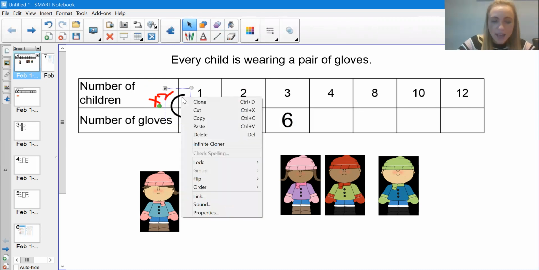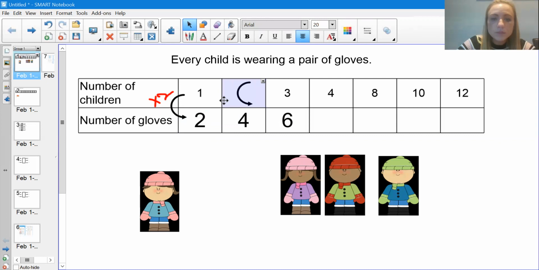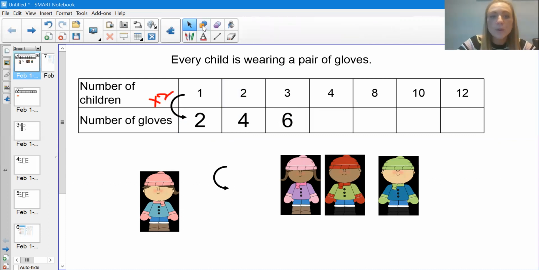And let me just check that that rule works again. So if I have 2, that isn't how I wanted it to go. Let's try again. It's going to go in the boxes. So if I have 2, if I do 2 times 2, I get 4.